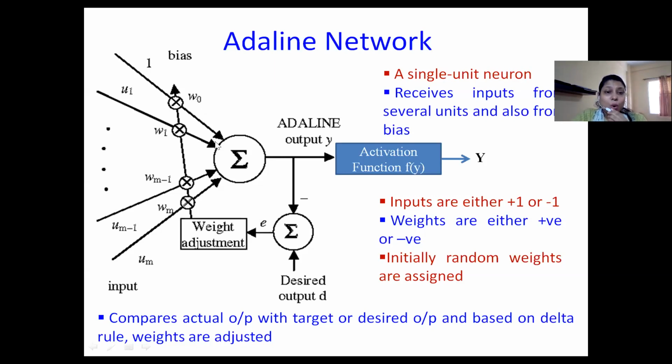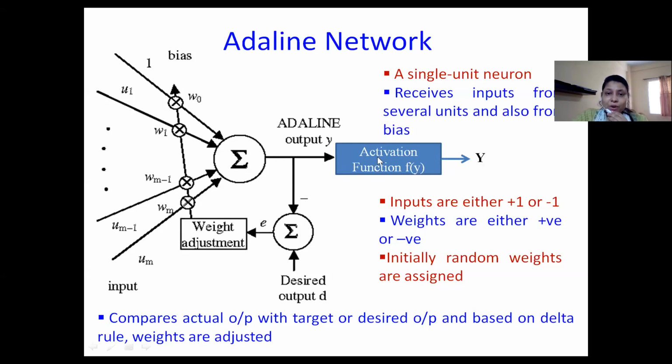Now all these are coming into the summation or the aggregator. So this is what the Adaline output Y is. But this is some kind of net input, which is now coming to the network, where you can expect one activation function. So here, by utilizing this activation function, you can expect the final output value.